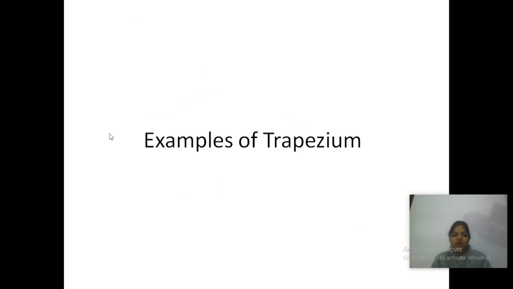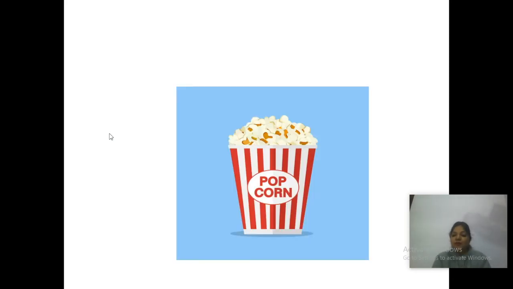Okay. So now I will give you a few examples of trapezium. See, this is a popcorn tub. Have you seen? Yes. This is a popcorn tub and it is an example of trapezium. What we have learned in the trapezium, that two sides are parallel and two sides are non-parallel.